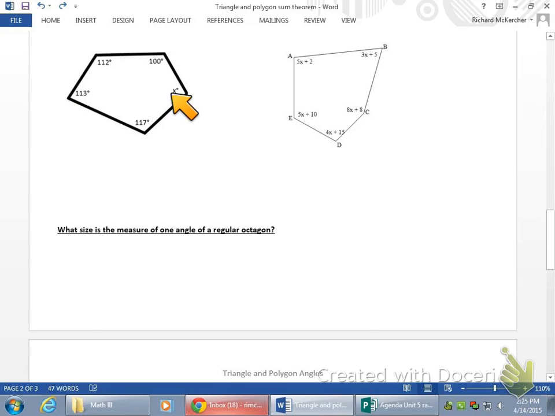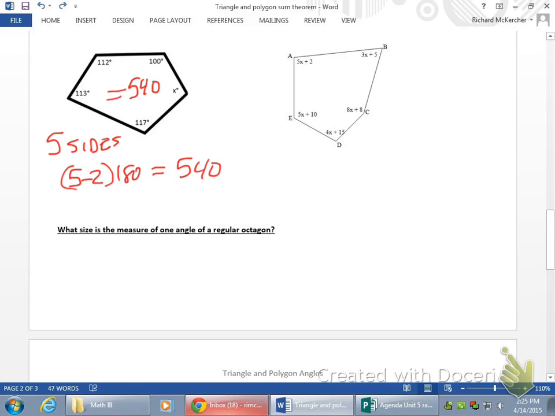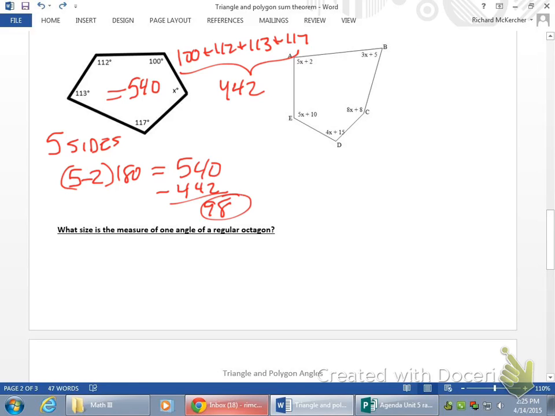How does that look? Well, right here, I have to figure out how many sides there are. Since there's 5 sides, I do 5 minus 2 times 180 to get 540. So I know that the insides of this has to all equal 540. And now I can add up all those angles and subtract it from 540 to find that missing angle. Same idea over here.